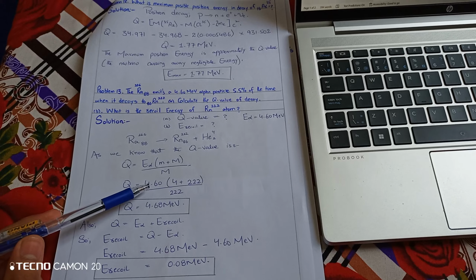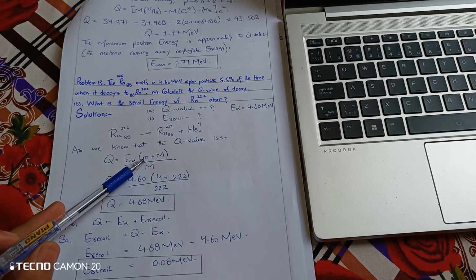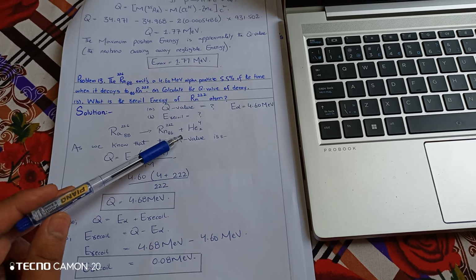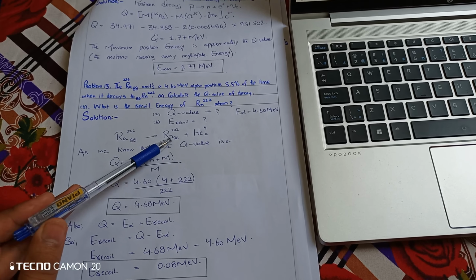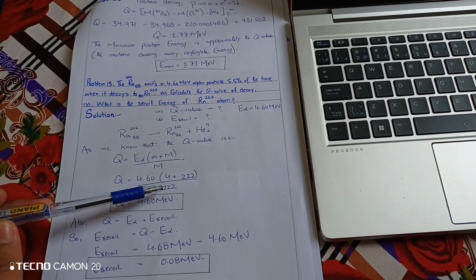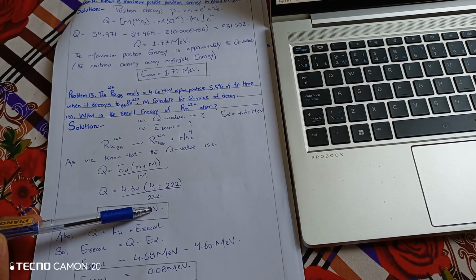So E alpha is given as 4.60, small m, the mass of helium, is 4, and capital M, the mass of the residual nucleus, which in this case is radon, is 222, divided by again the radon mass 222. You will get your Q value, which is 4.68 mega electron volts.